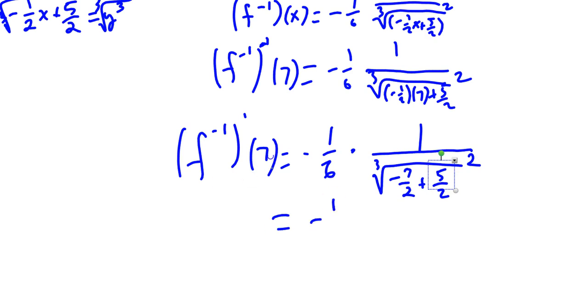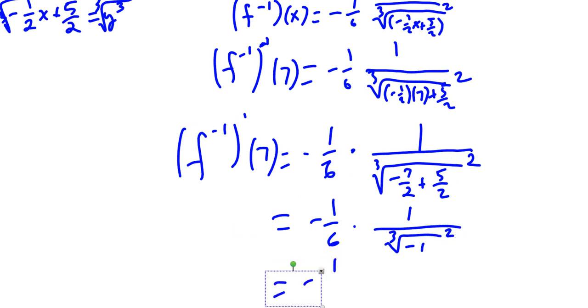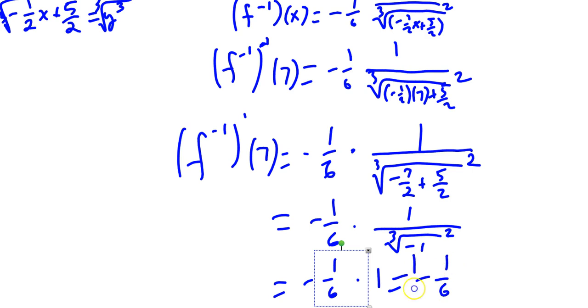Which would give me -1/6 times 1 over, -7/2 plus 5/2 is just -2/2, or just -1, and then squared. So that would be -1/6 times, well, wouldn't that just be 1? So my derivative is just going to be -1/6, and that's my answer to this problem.